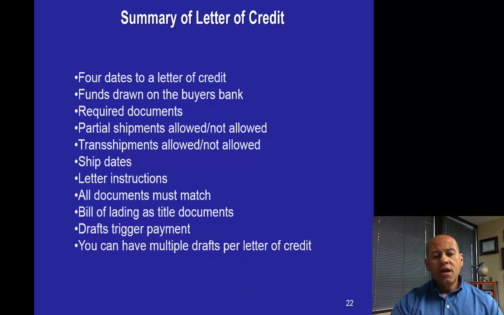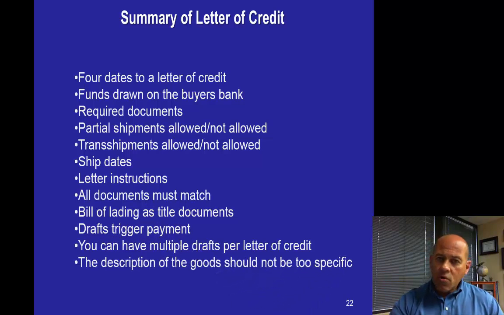And if you allow multiple shipments, in other words, if partial shipments are allowed, you can have multiple drafts under a letter of credit. So let's say that you have one letter of credit that covers 6 months of activity. Every time you ship, that will trigger a draft. So it's important to know that as a feature within a letter of credit.